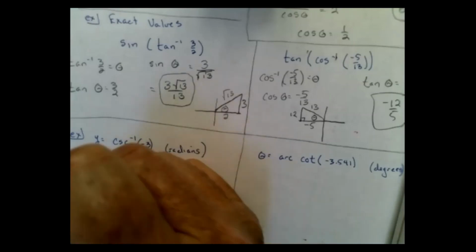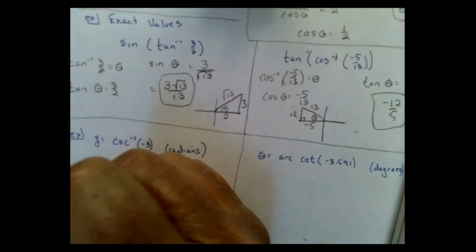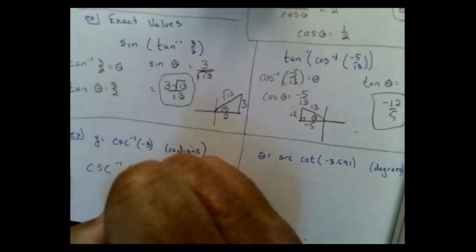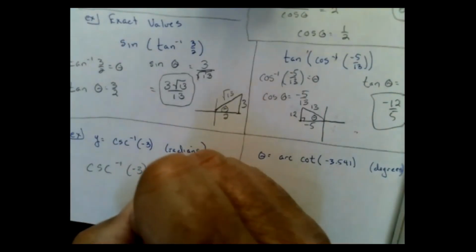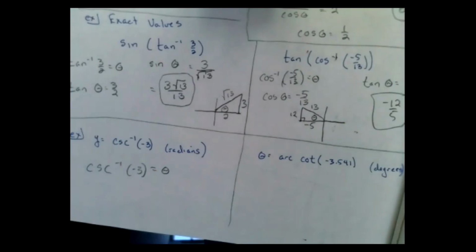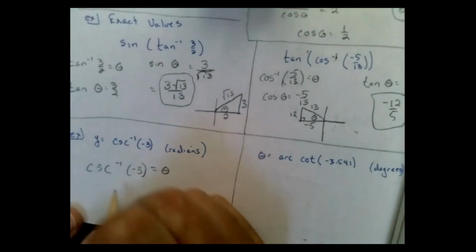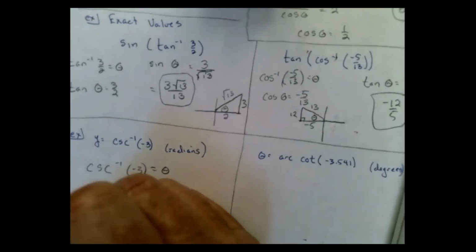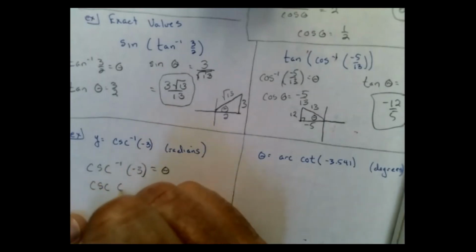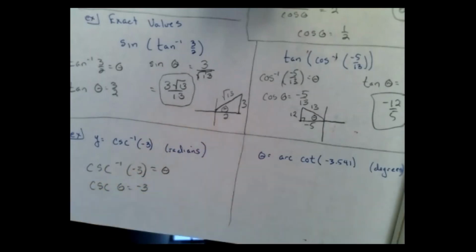The cosecant of the inverse cosecant is that. And if that equaled an angle measure theta, the cosecant of theta equals -3.